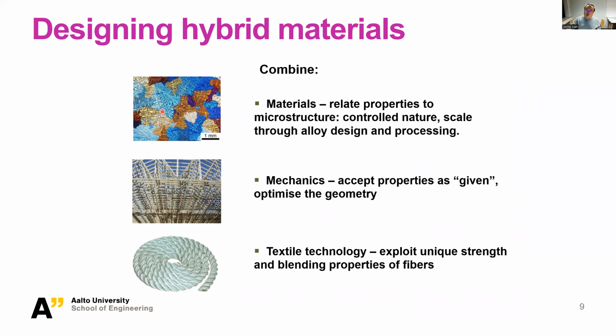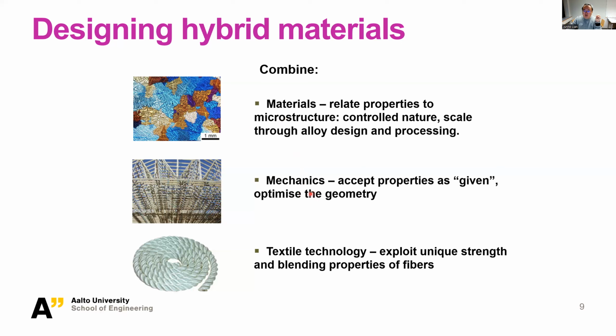But if you zoom in, you're actually designing new materials. You could control the microstructure and the alloying design. Then you could use different phases, different grains, different inclusions or precipitates, all these features to design something completely new in terms of mechanical properties. But globally, it still looks like one material. So this is one path to designing hybrid materials or new materials.